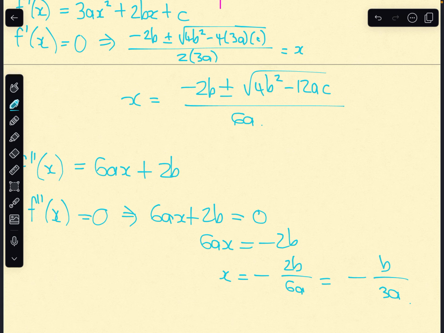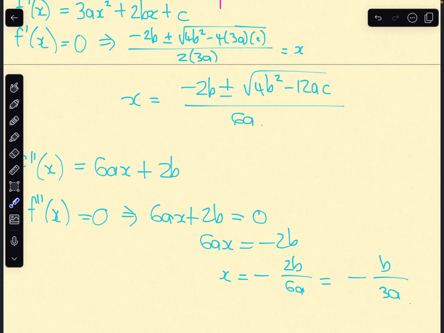Okay, so now the two things that I want to know for sure is that this x value of the point of inflection is indeed the average of the x values of the turning points.